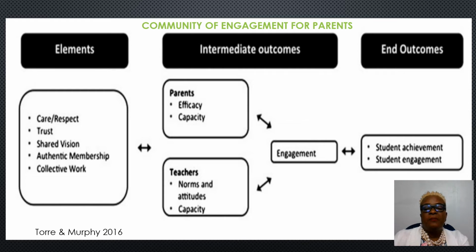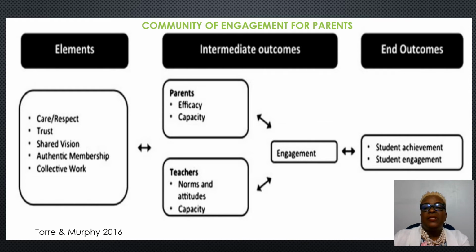When we refer to capacity, they mean the ability for parents and teachers to work and learn with each other, as well as help children learn and grow. Parent efficacy refers to a parent's belief that they can effect change.